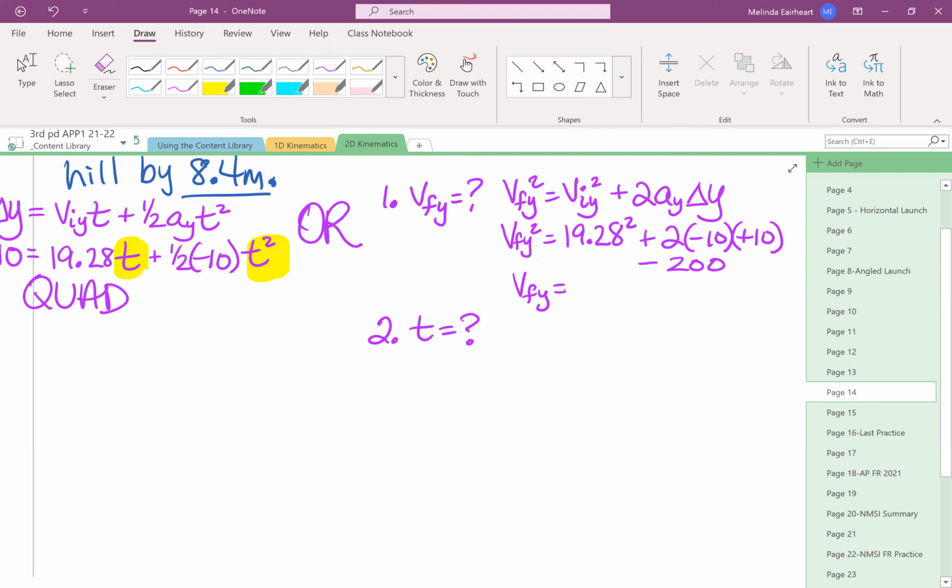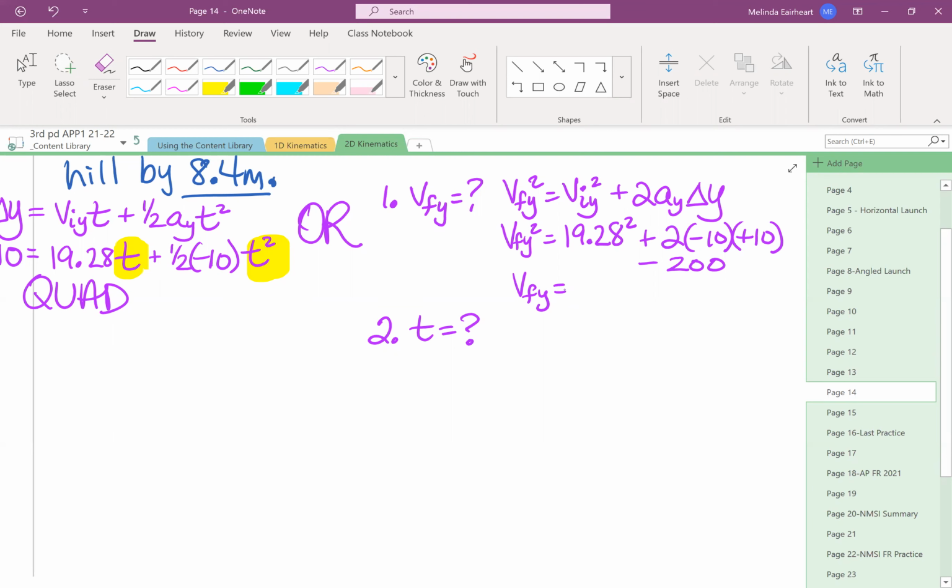Why less than? Right, so again, we don't come down as far as we went up, and so we haven't quite had a chance to speed back up to the initial velocity. And so it should be a smaller number than 19.28.